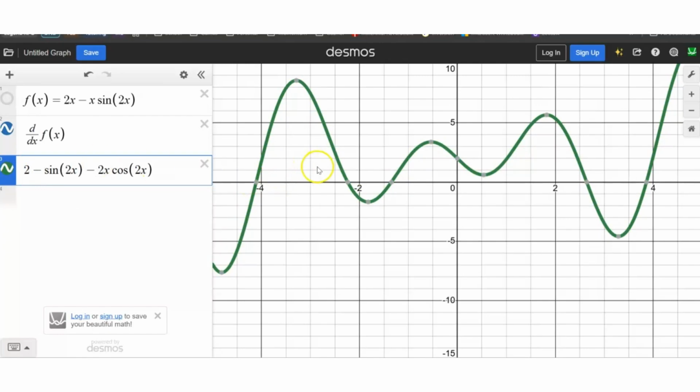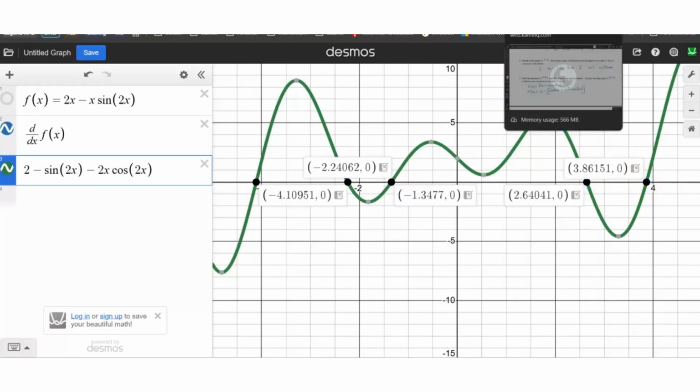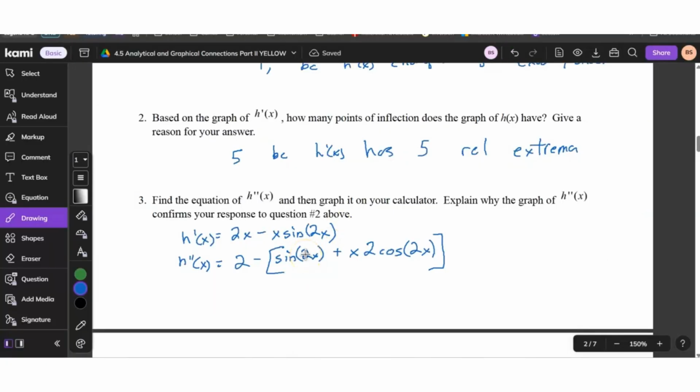All right, and what we're looking at here is we wanted to confirm the first one. So that would mean that if it had points of inflection, that would be when the second derivative has zeros. 1, 2, 3, 4, 5. Exactly what we guessed, right? So it confirms it for us because h double prime of x changes sign exactly 5 times.